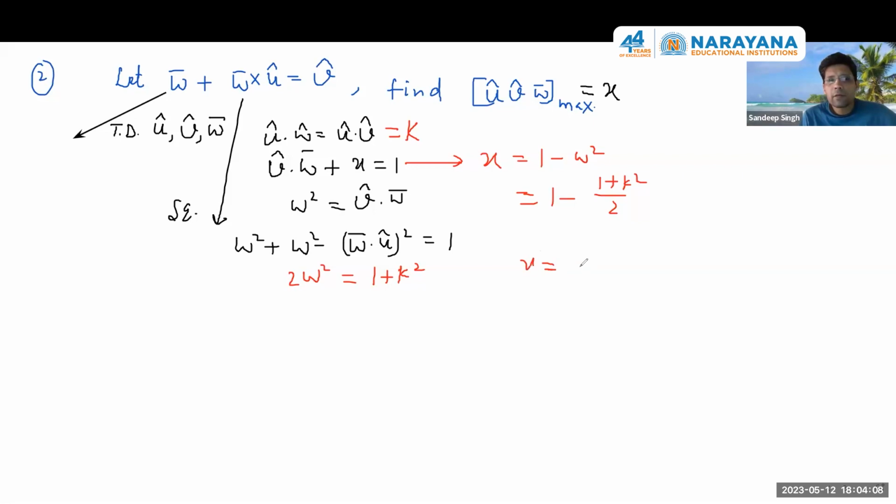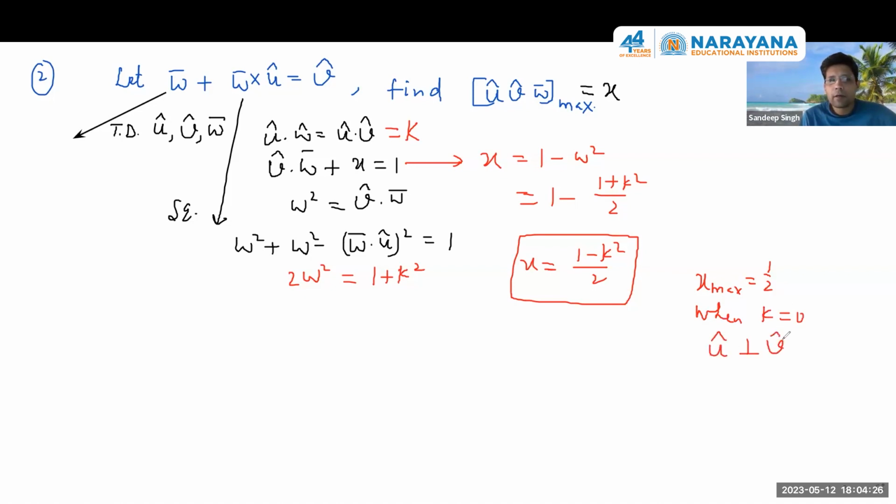So X equals 1 minus K square by 2. So what is the maximum value of X? This is going to be half when K is 0. K is 0 means when u and v are mutually perpendicular. Is that clear? You can do this.